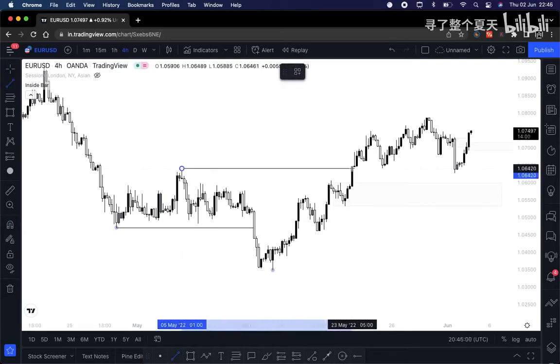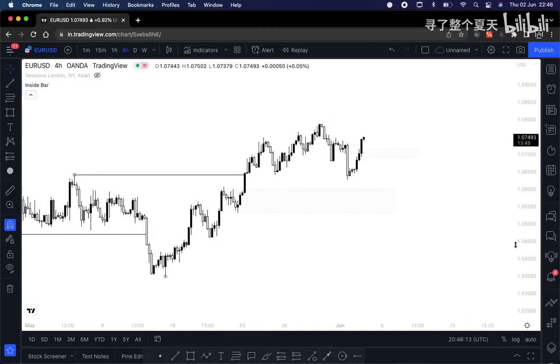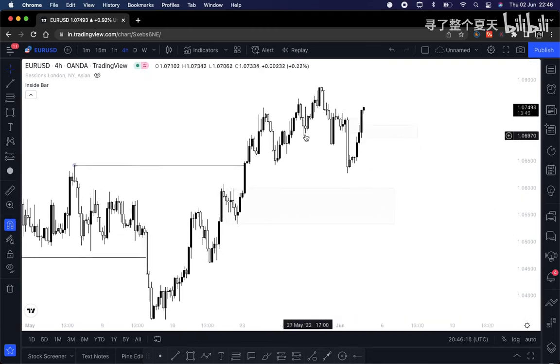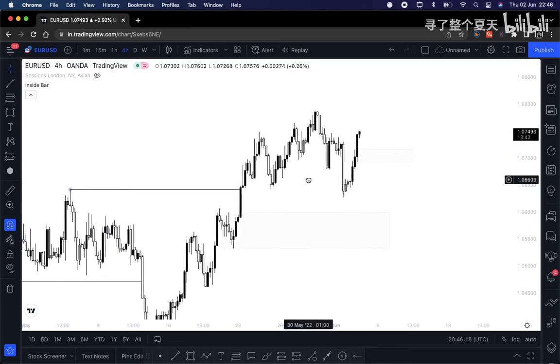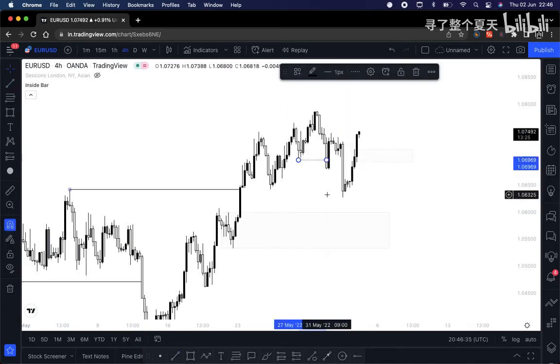You're going to use a solid line also. And then for your internal shift, let's say for example, I mentioned earlier that if we were regarding this low here as an internal low, what you can use is a dotted line to show that there's a shift in market structure, right?